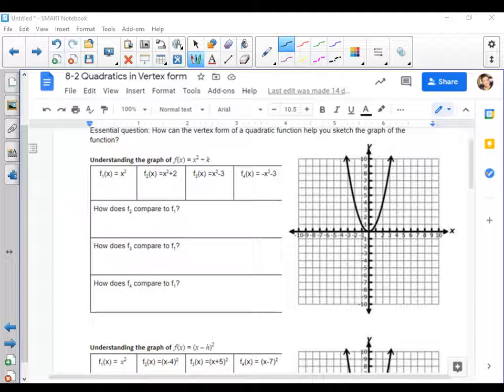If you can notice, when you add that plus 2, what happened to my graph? Yeah, the vertex shifted. Instead of being at 0, 0, now it's at 0, 2. So what we will write in this first one is it goes up 2.